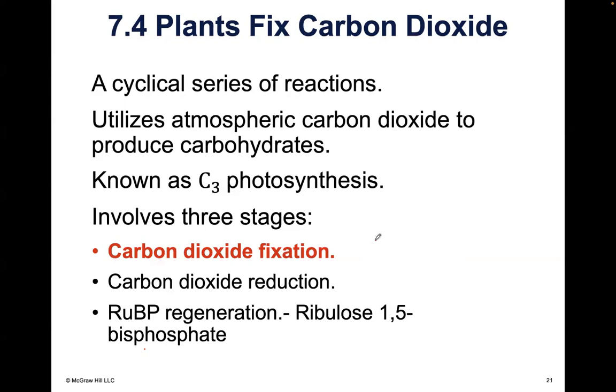The first one is called carbon dioxide fixation. So carbon dioxide is being fixed into the reaction. After fixing it, the carbon dioxide is reduced. That is the reduction stage. After the reduction stage, it is used to regenerate RuBP.